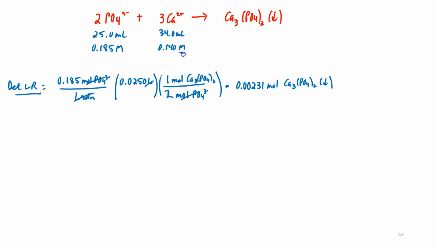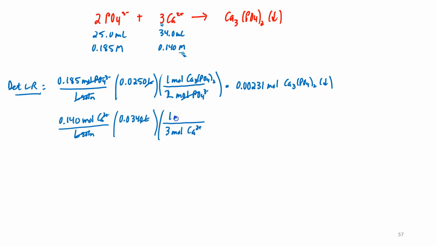So I'm going to rewrite the concentration of calcium as 0.140 moles of calcium for every liter of solution. And I have 34 mils, which is 0.0340 liters. And now I use my balanced chemical equation: for every 3 moles of calcium, we make 1 mole of the precipitate.